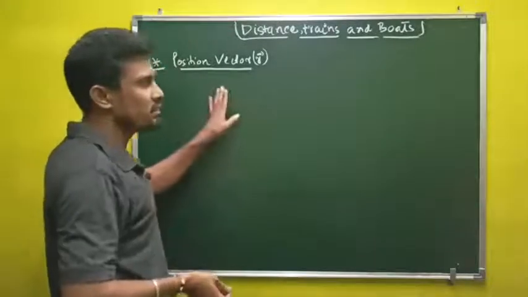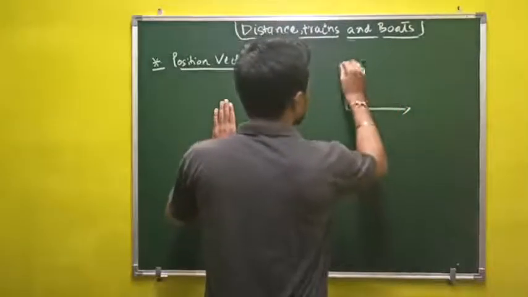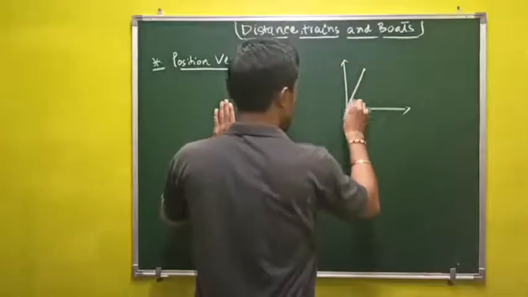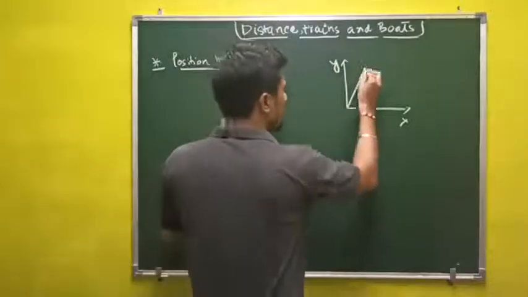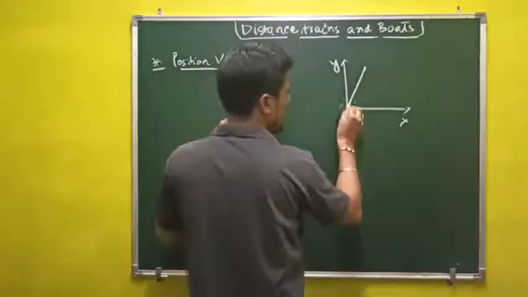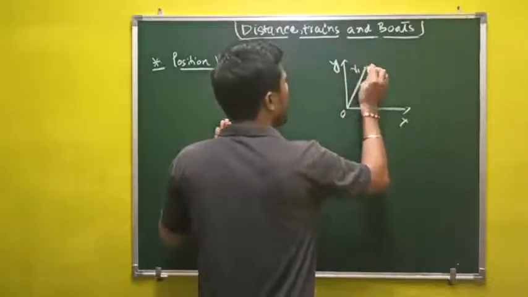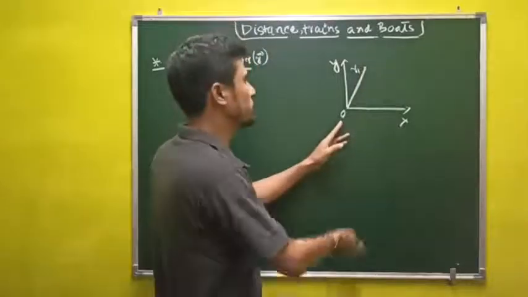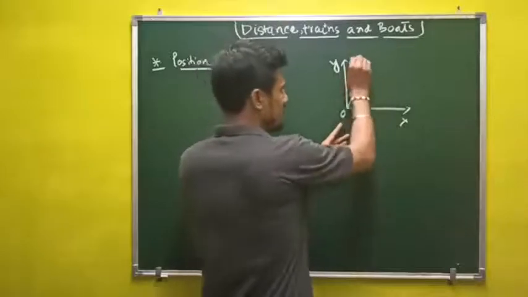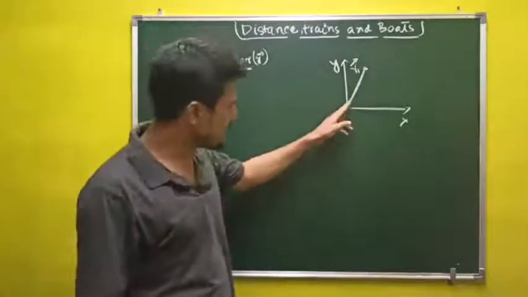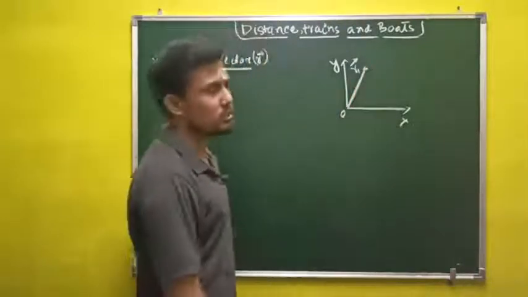So what is position vector? Position vector is nothing but, if you consider the position of a point in the two-dimensional axis, this is the x and this is the y axis. This is a point, and the distance of this point from the origin is r1. The vector connecting the origin and the point has a direction along this line, and this vector is called the position vector.